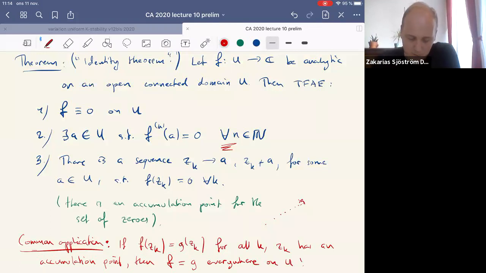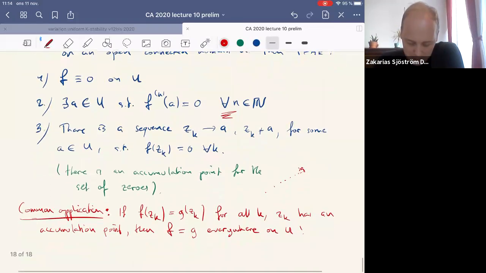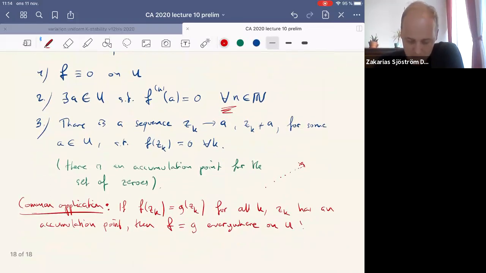Okay, so what this means morally is that if you have two holomorphic functions that coincide on some set, even one that only has an accumulation point, then they have to be the same function. So in particular, this is true for some open set or something like that.